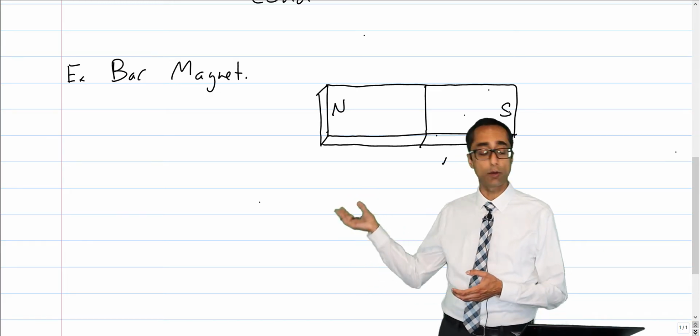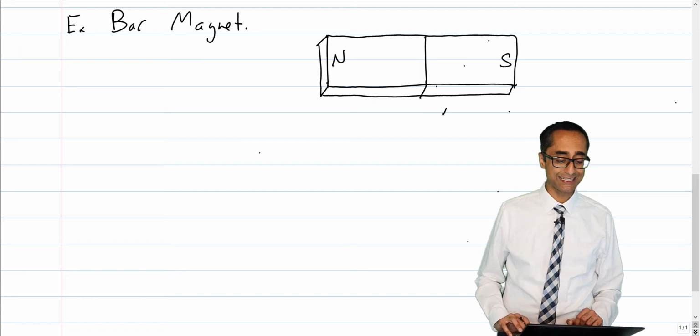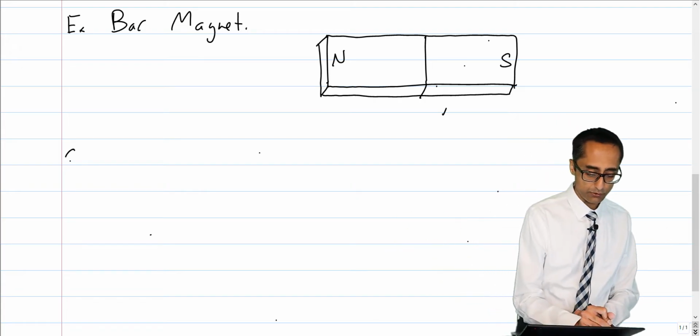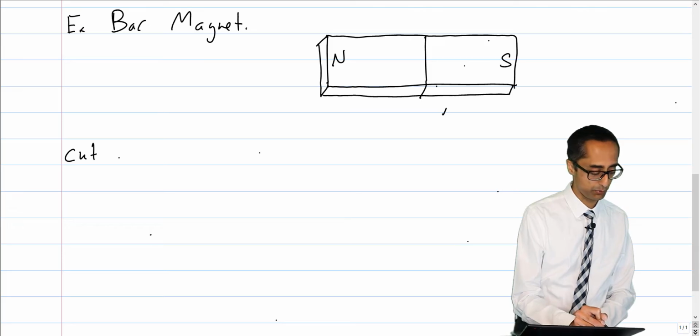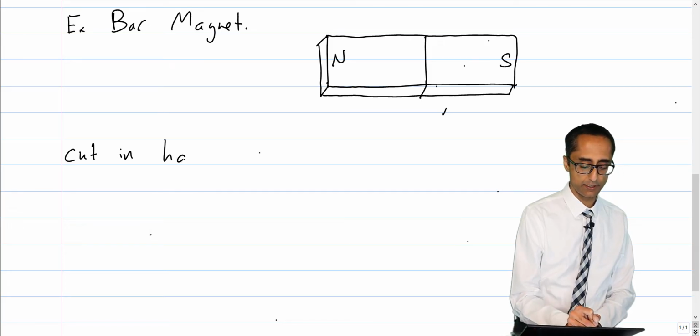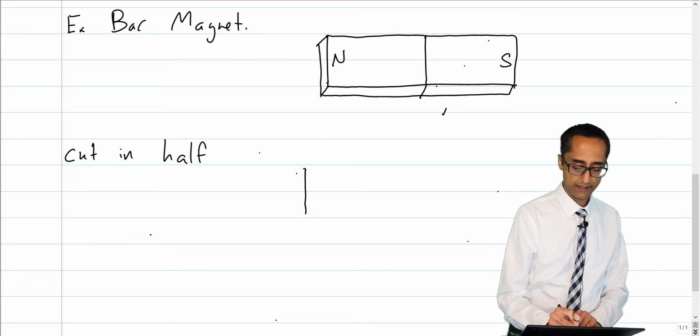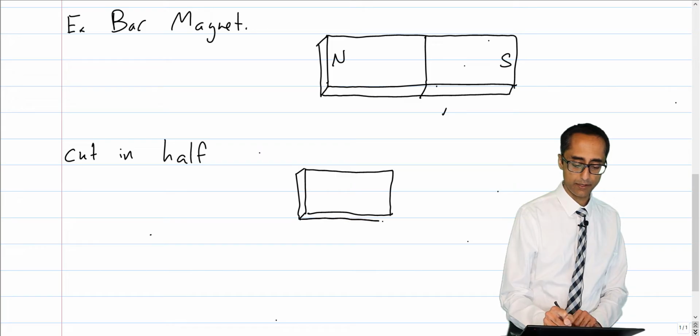Now, if we take this object right here, we can try to separate it into its two poles. And so let's cut it exactly in half. Maybe we'll take a laser and we'll do a precise job. And we are left with the north side and the south side.